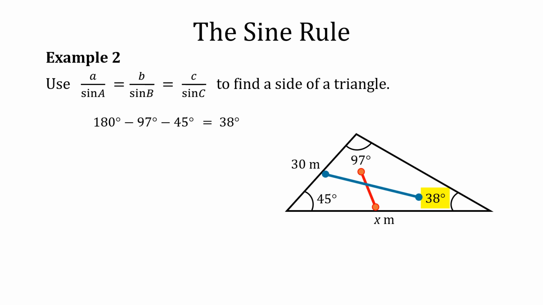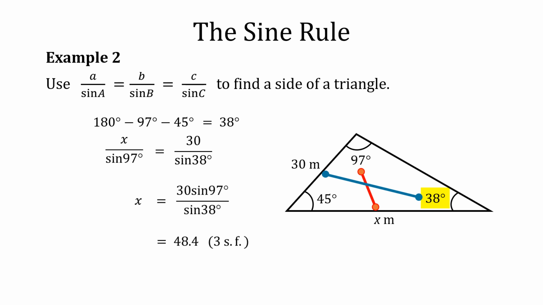So now once we have found this missing angle, we can proceed to use the sine rule. x over sine of 97 degrees is equal to 30 over sine of 38 degrees. Once again, making x the subject, we get the answer we are looking for.